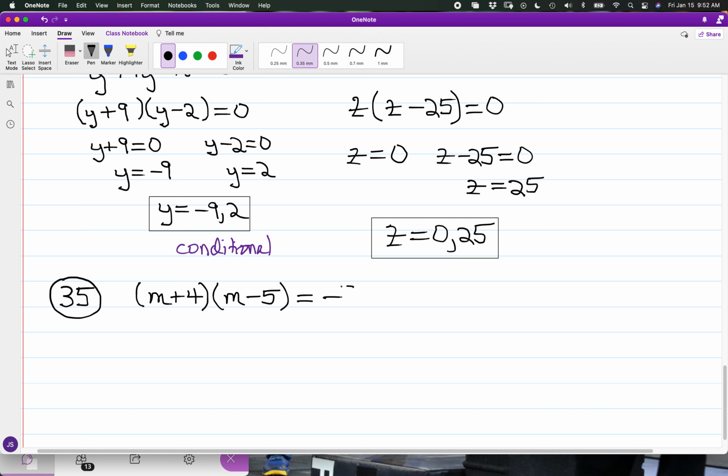Right. And there might be the temptation to set m plus 4 and m minus 5 equal to negative 8, but you do not do that. And the reason for this is that the constant negative 8 must be 0 to use the zero product property.